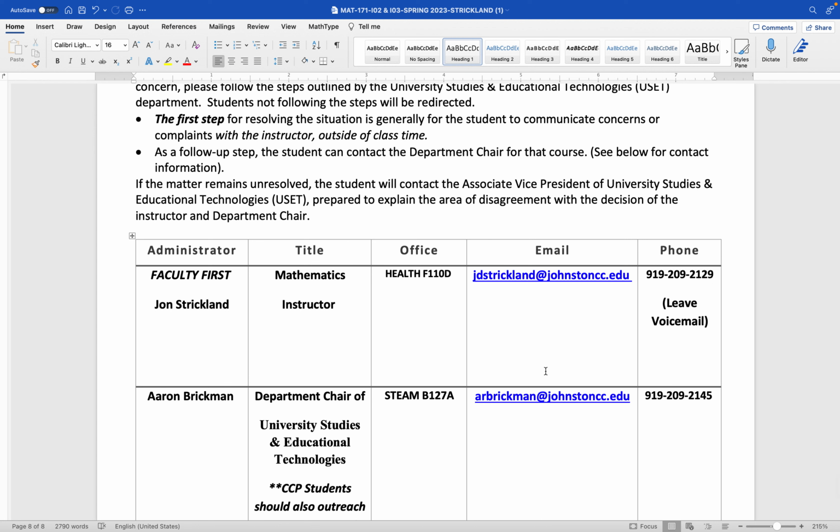As a follow-up step, the student can contact the department chair for that course. And if the matter remains unresolved, the student will contact the Associate Vice President of University Studies and Educational Technologies Department. Be prepared to explain the area of disagreement with the decision of the instructor and department chair.